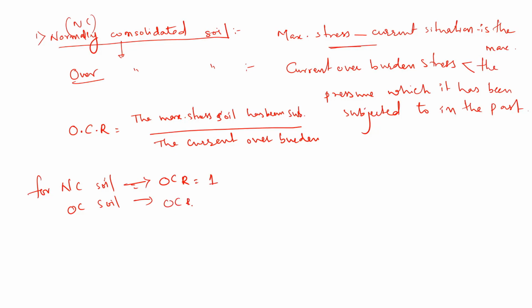For the OC soil, the current stress is less than the pressure it has been subjected to in the past. That means the denominator is less than the numerator, so definitely it is greater than 1. So this is the background theory of normally consolidated and over consolidated soil.